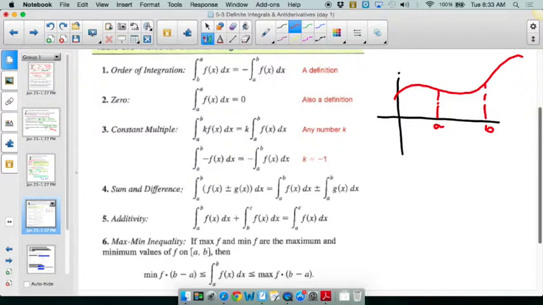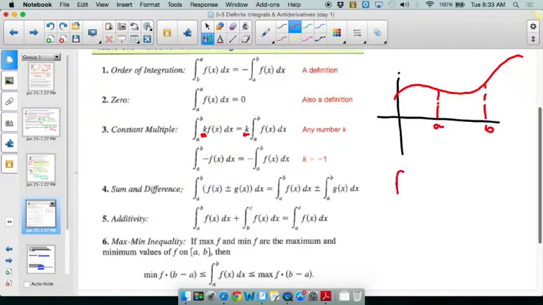Okay? For a constant multiple, if I have this constant here, I can pull the constant out. Just like working with brackets. I can factor out a constant. I can add and subtract things just like I do with the normal numbering system. And I can do that with functions.